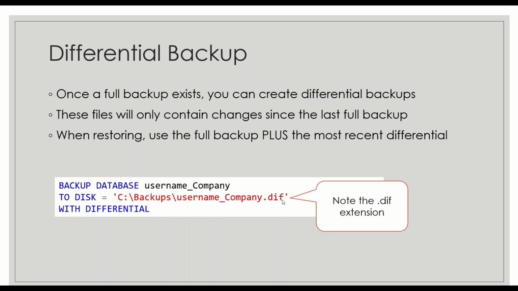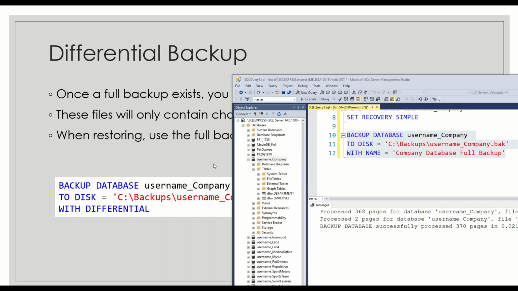It's a .dif extension for a differential backup, and we need to include this flag that says with differential. So let's try to create a differential backup on our username_company database. So I'm going to start off with a very similar command, but we need to make sure we use a DIF extension.